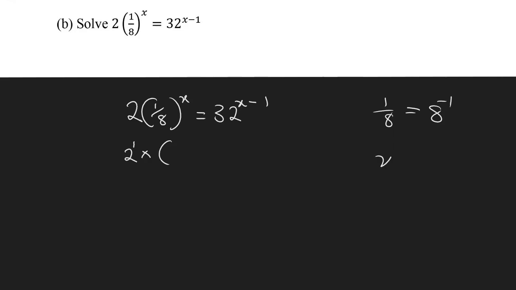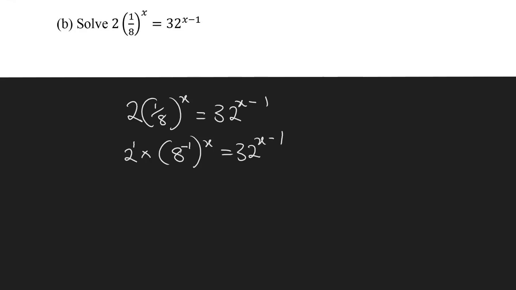Because we said that when you have x raised by minus a is same thing as what? 1 all over x to the power of a. So vice versa. If this one can be in this form, it can also be in this form, right? So this is same thing as 8 to the power of minus 1 raised to the power x is equals to 32 raised to the power x minus 1, right?